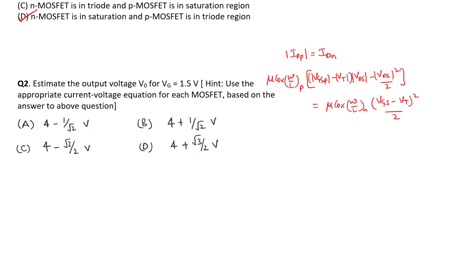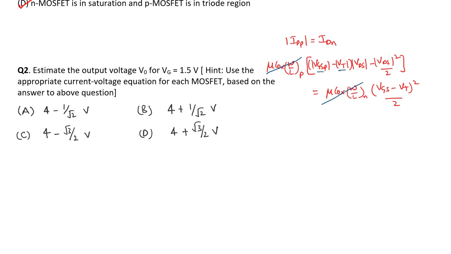As we are given in the question that mu Cox W by L of both the transistors are same, hence they cancel. VGSP magnitude is 2 volts minus Vt magnitude is 1 volt, which is 2 minus 1, 1 volt times magnitude of VDS for PMOS is 5 minus V naught minus 5 minus V naught whole square divided by 2 is equal to VGS of NMOS is 1.5 given, minus 1 is 0.5 whole square, which is 1 by 4, times 1 by 2 is 1 over 8.